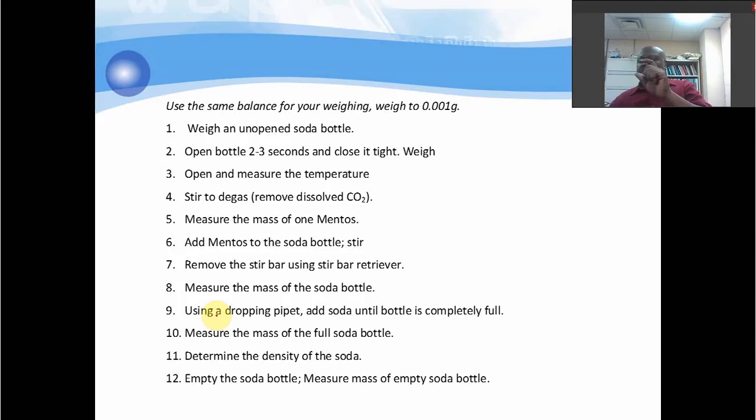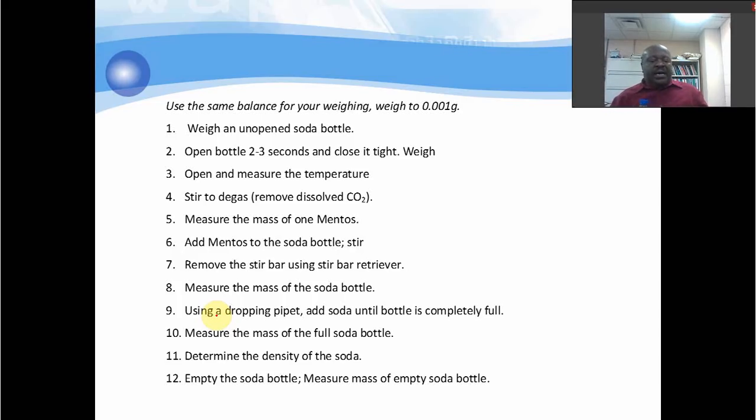Take a small beaker, put it on the balance, tare the balance, pour some of this in there, like half full or whatever it is, and measure the mass of the Pepsi in the small beaker. Then you can measure the mass of this. The mass we're looking for is this mass plus the mass of the Pepsi in the beaker.